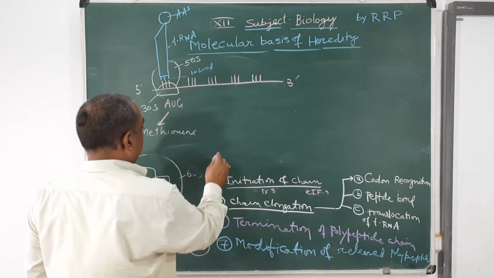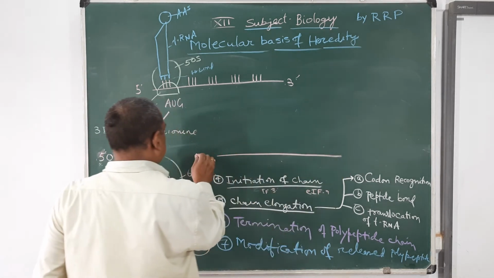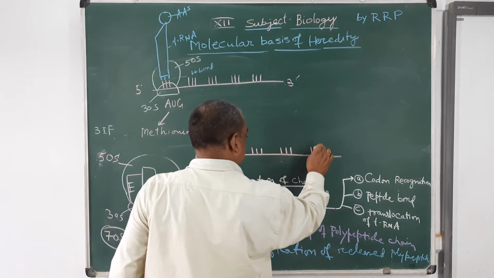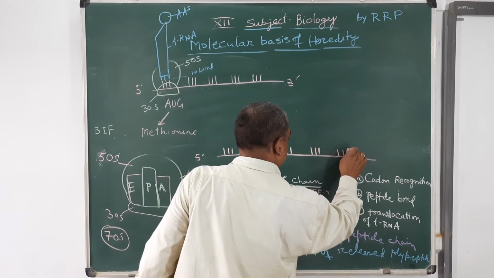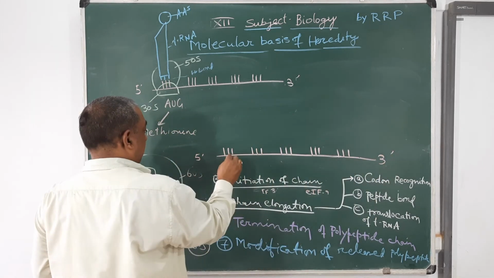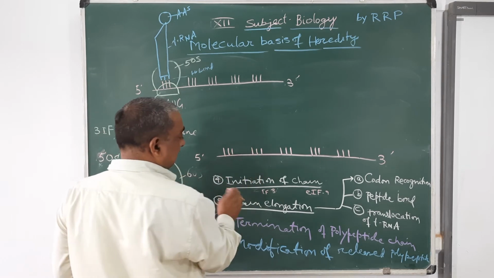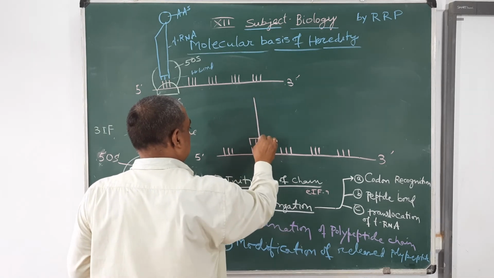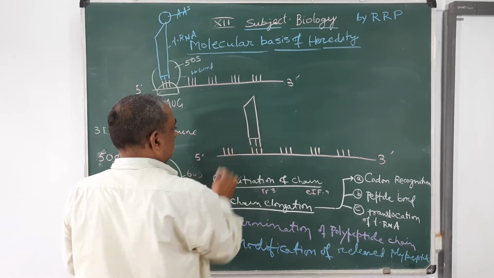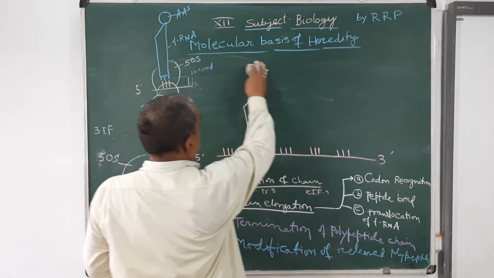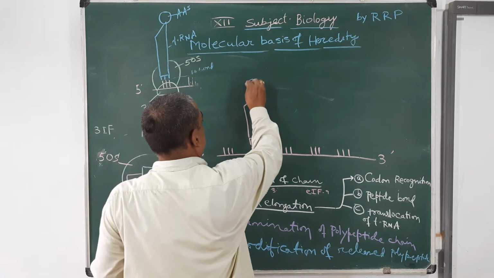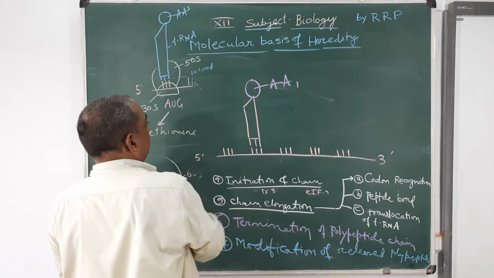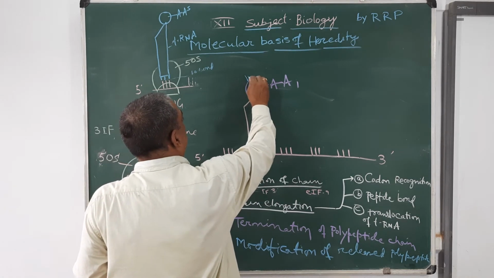So another amino acid, mRNA, and now the ribosome moves to another site. The next amino acid is joined with the help of a peptide bond.